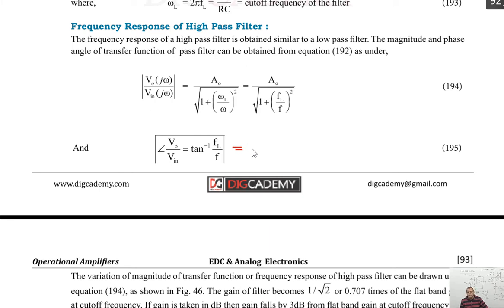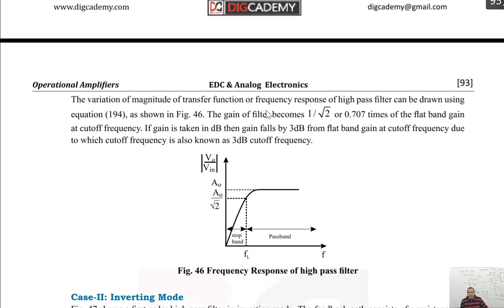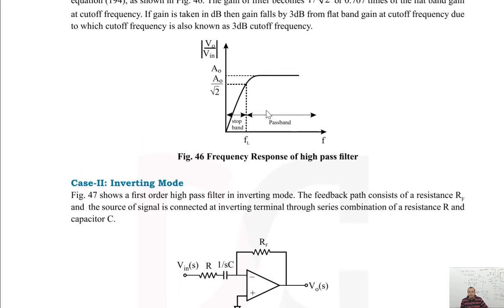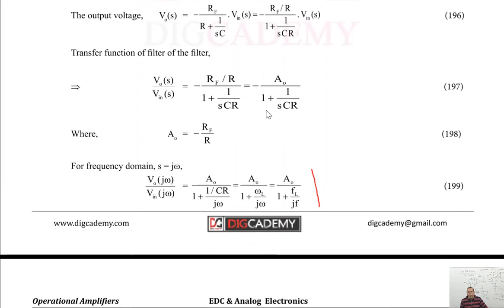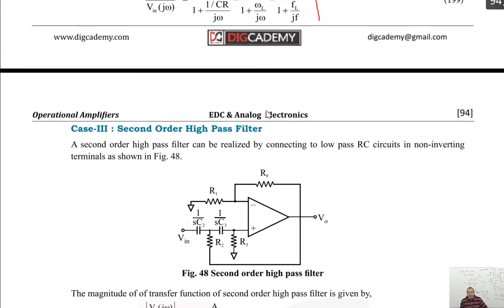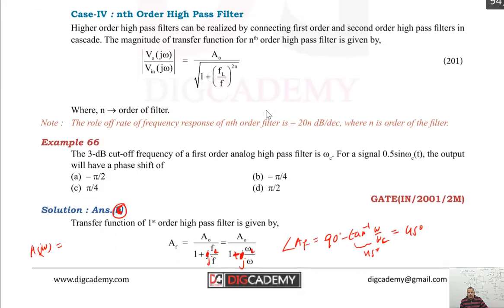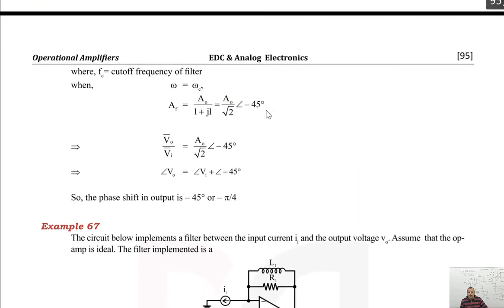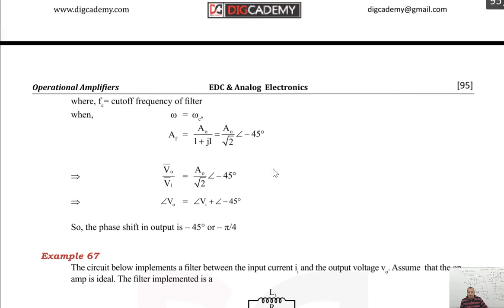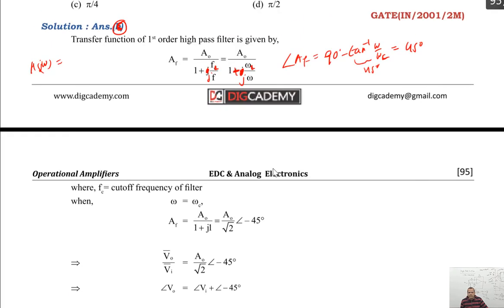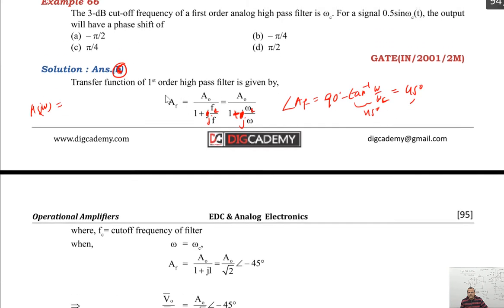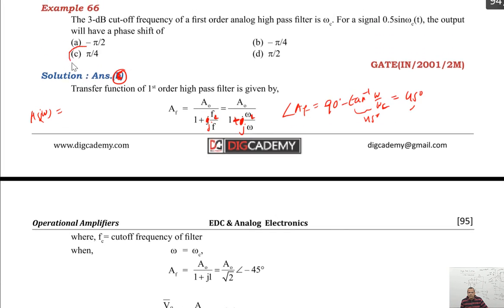Otherwise, of course, you could have taken it just like what we discussed in the numerical, in the theoretical session in my video. So now when you talk about the variation in phase, it has to be 45 degree, not minus 45 degree. So the answer for this is C, right?